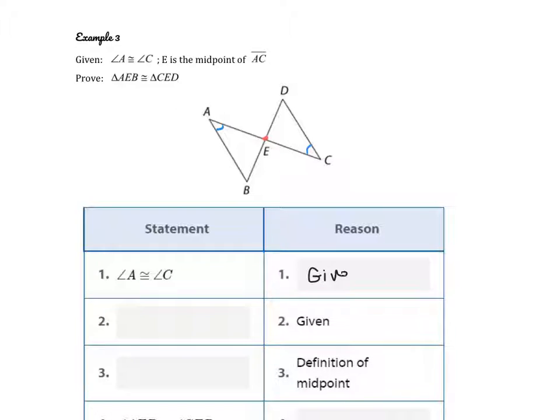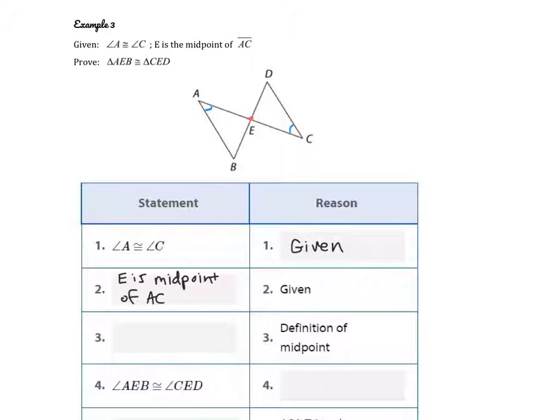So we're usually going to start by listing all of our givens. So you can see their next reason is given, so that means our second statement should be the other piece of given information. That E is the midpoint of AC. So now that we've listed both of our givens, we can think about how we can use what we were given.